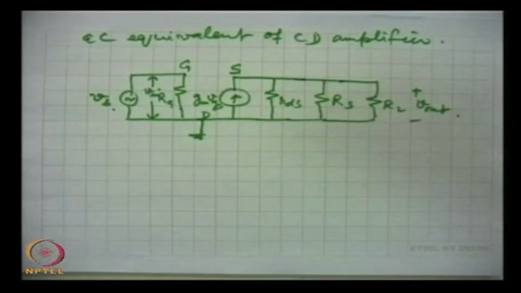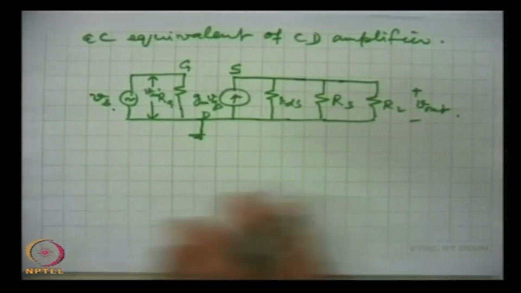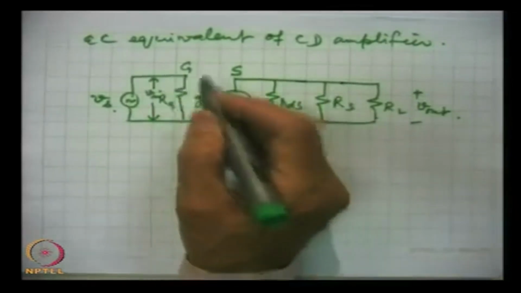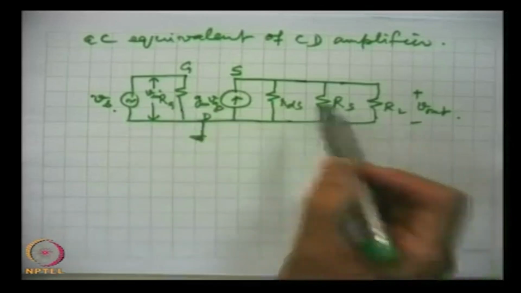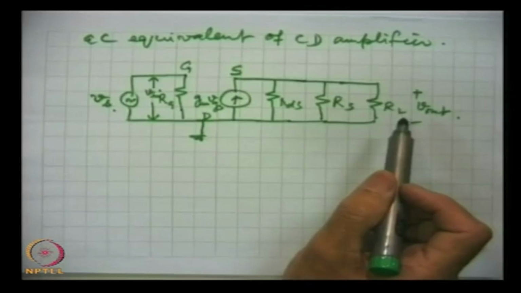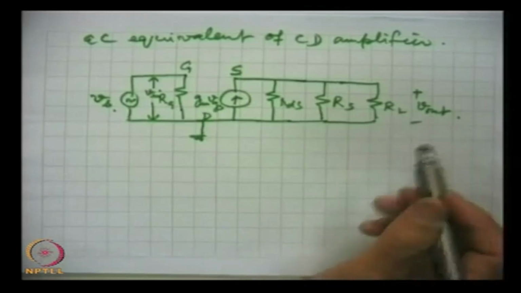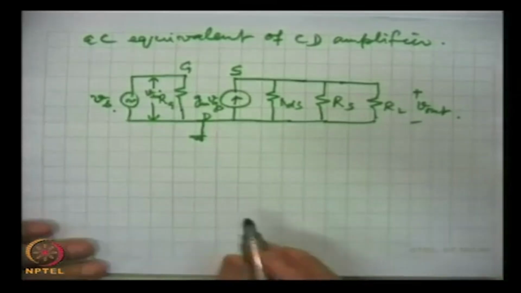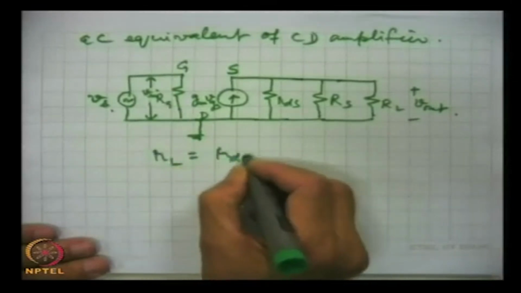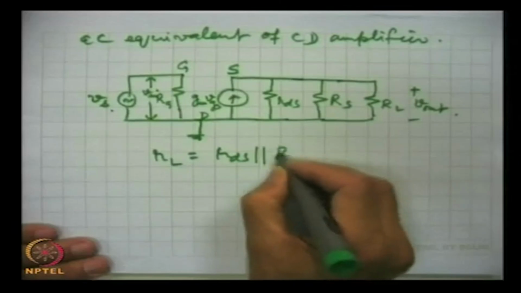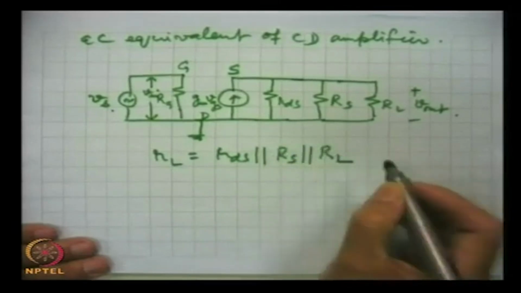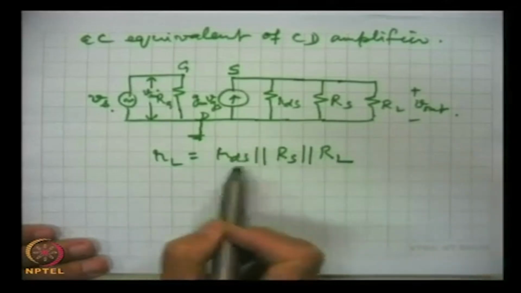And this we can, as we have done earlier, replace. This resistance is Rg, of course. These three resistances are in parallel and can be replaced by, say, RL'. So, RL' will be rds in parallel with RS in parallel with RL, and normally rds is a very high resistance.